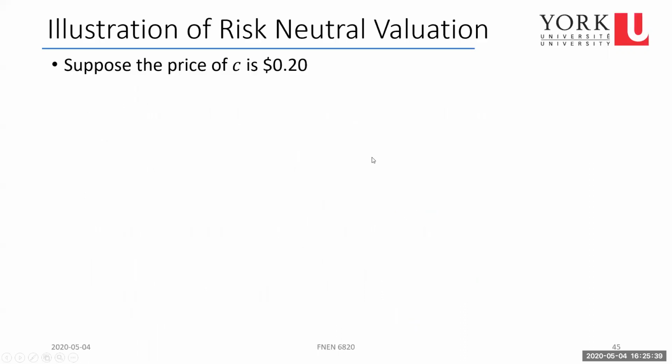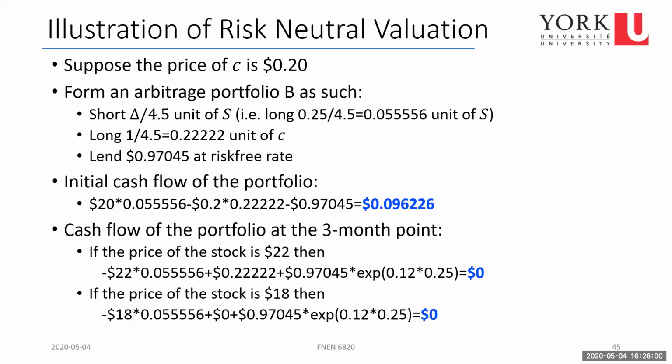Okay, so suppose 90 cents, a high price, is not feasible. What if the price is low? You know, in a situation where people believe that the probability of going down is actually very high. So if the price were to be 20 cents, then again, you can form an arbitrage portfolio. You can generate money out of nothing.